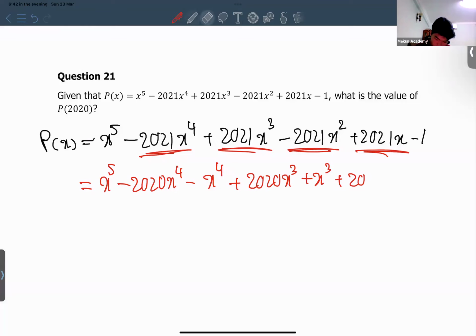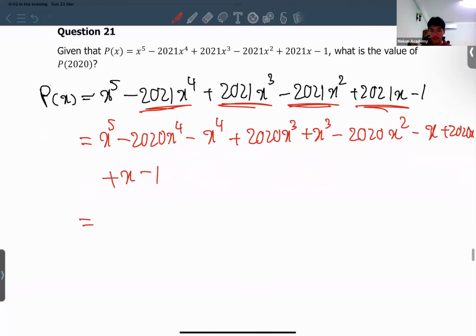Sorry, this should be minus. My apologies. So it should be minus 2020x squared minus x plus 2020x plus x minus 1. So from this you can factor it.